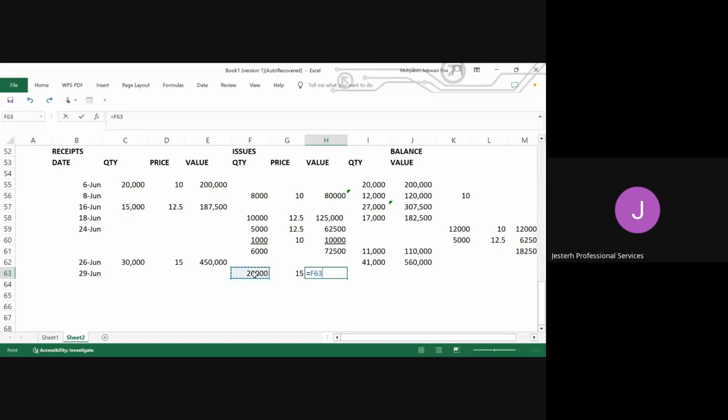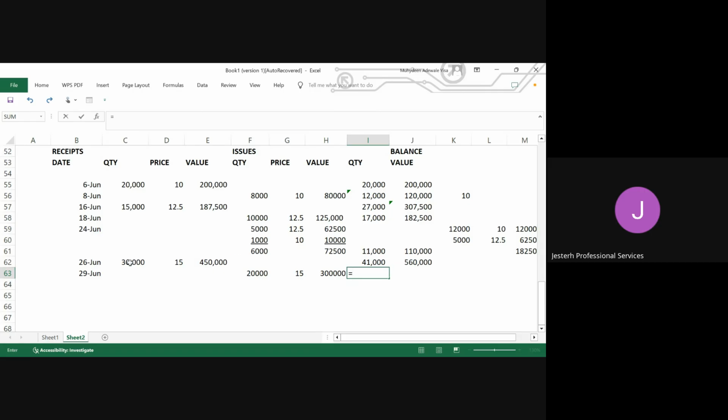So what we do is 20,000 multiplied by the unit price. Now this is the total value of what we are issuing out. Now we have issued out the total of what they asked us to on the 29th. What is left in our store now? What is the total unit of what we have in the store?